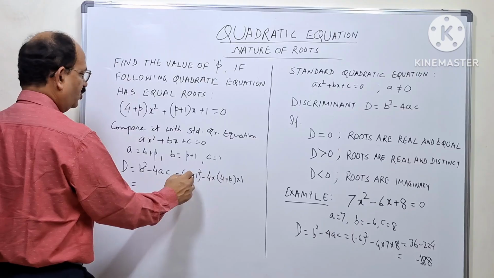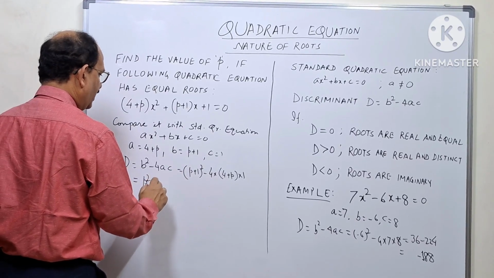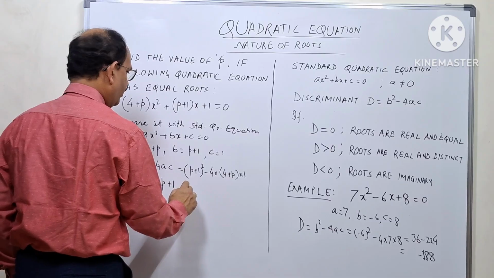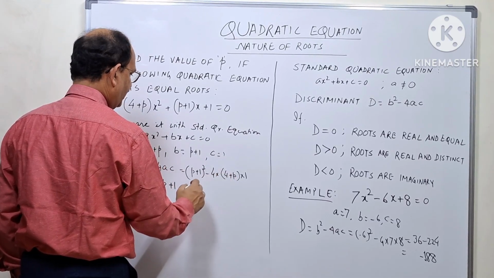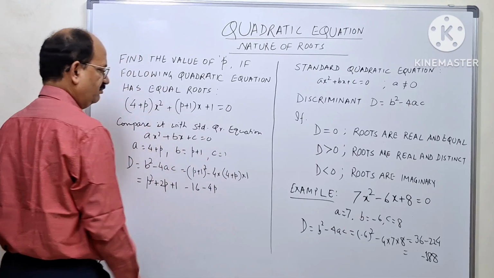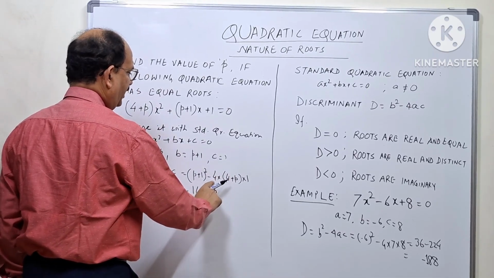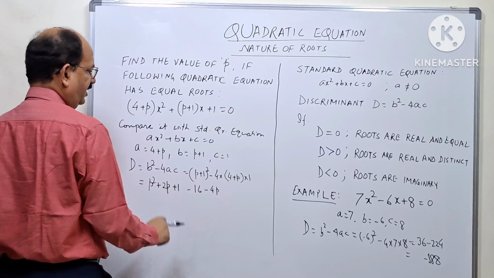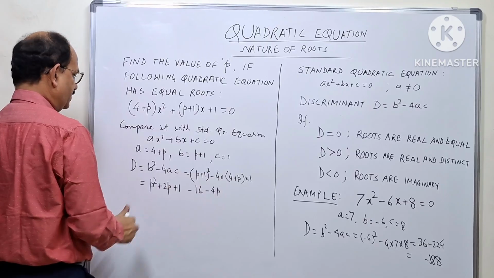So this will be equal to p plus 1 the whole square, which is p square plus 2p plus 1, minus 4 times 4 plus p, that is minus 16 minus 4p, right? Minus 4 into 4 is minus 16, minus 4 into plus p will be minus 4p, and 1 is multiplied, so there is no change, right?